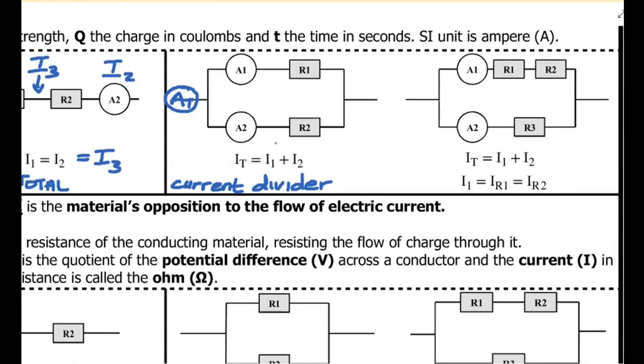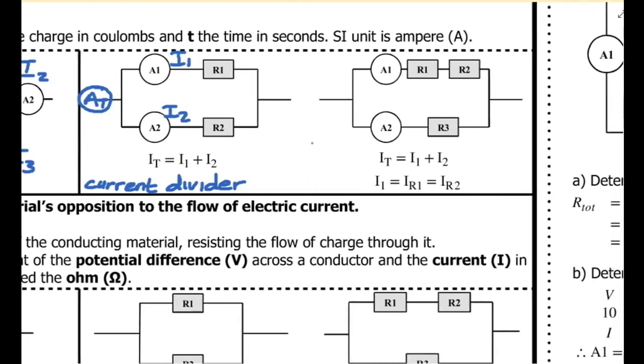When I look at this total current, which is in the series part of my circuit, that is equal to the current through the one branch plus the current through the other branch. So this would be I1, and this would be my I2. Once I've done the whole thing about potential difference, we're going to talk about how it divides. How do we know how much current goes in each branch?